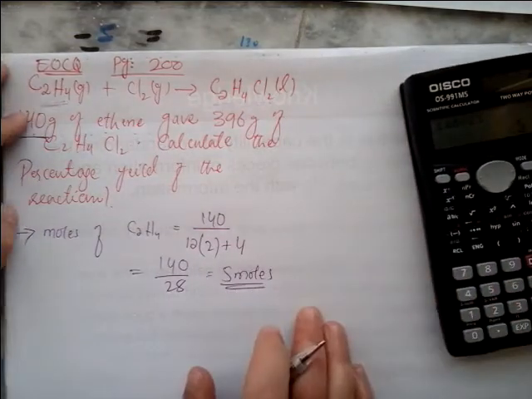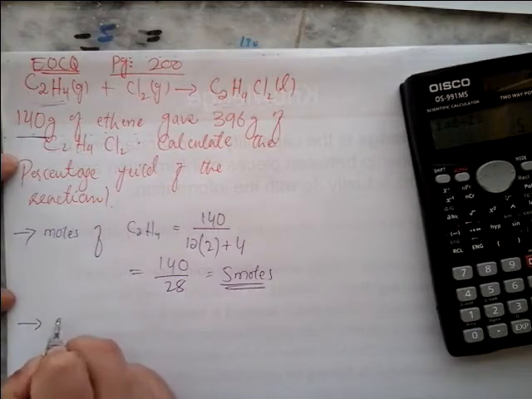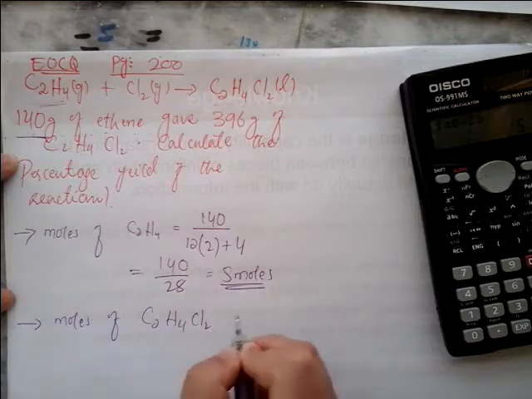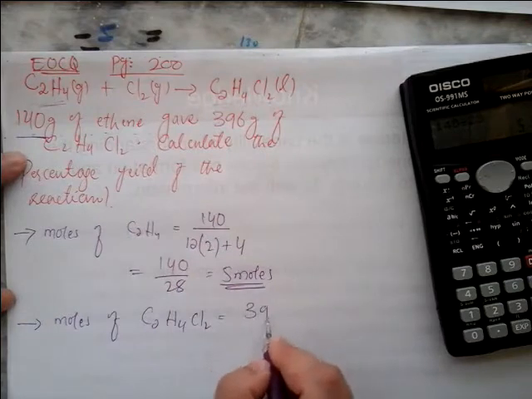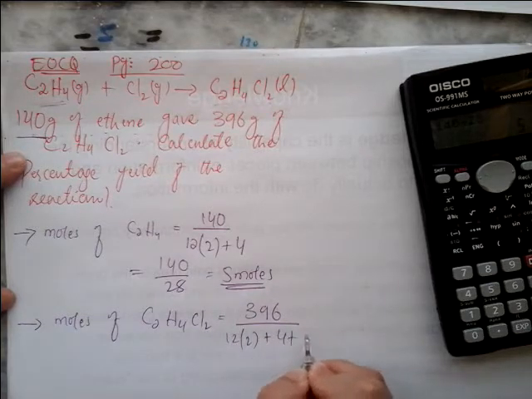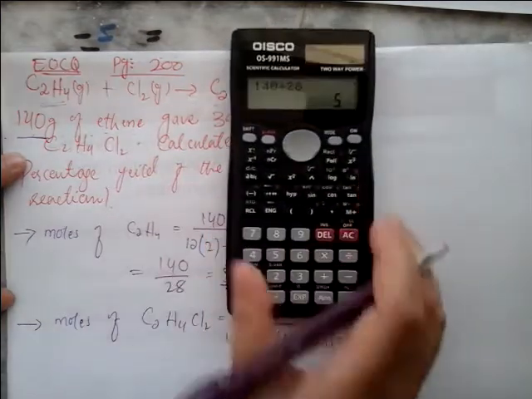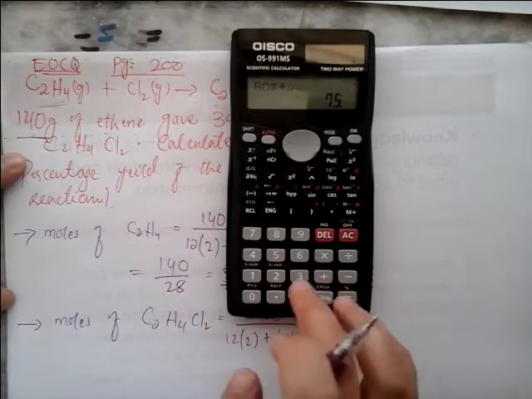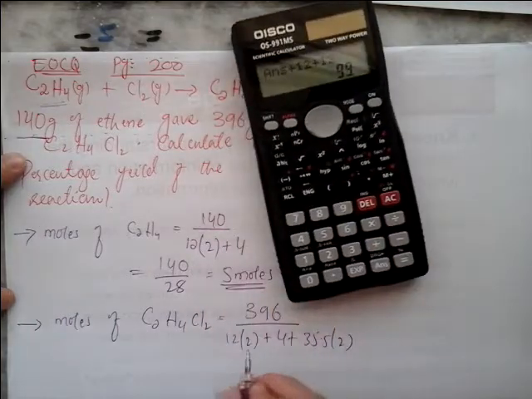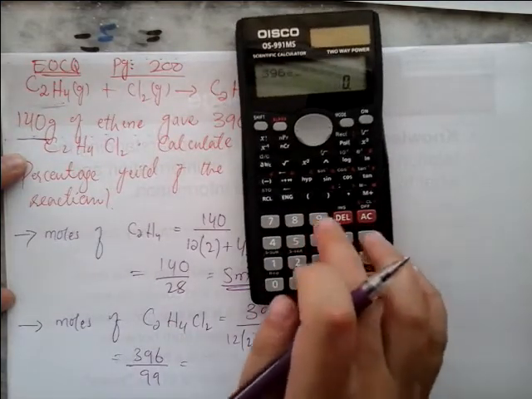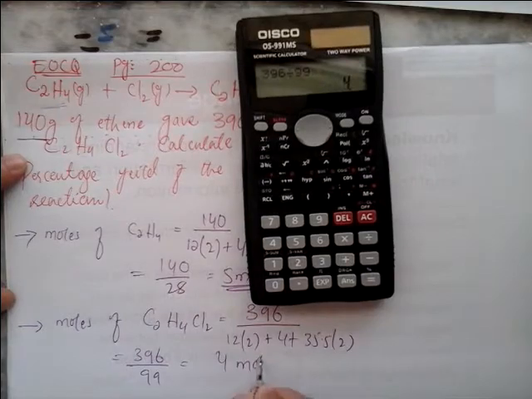5 moles of ethene. Now in the second step we have to find the moles of chloroethane, and its weight is 396 and molar mass is 12 into 2 plus 4 plus 35.5 into 2, that is 71 plus 4 plus 24, which is 99. 396 over 99 comes out to 4 moles.